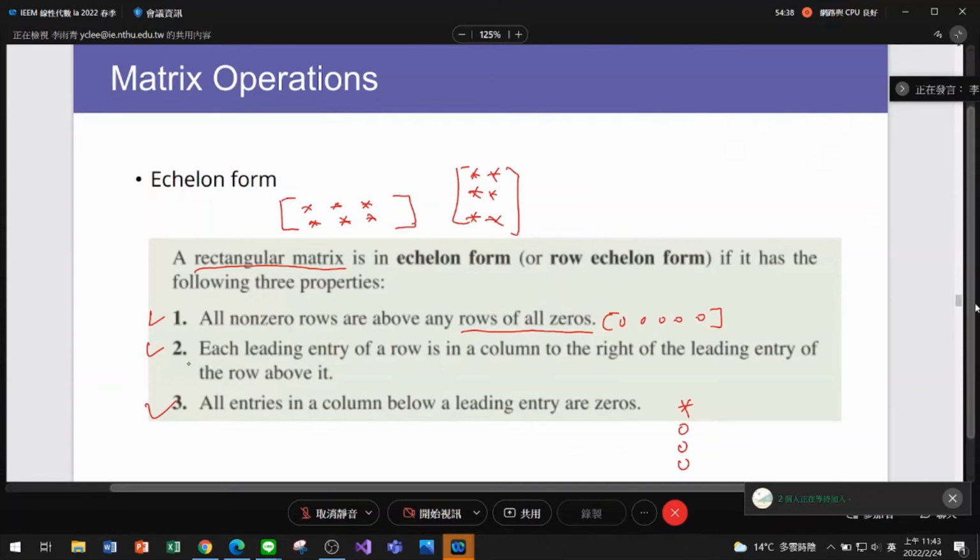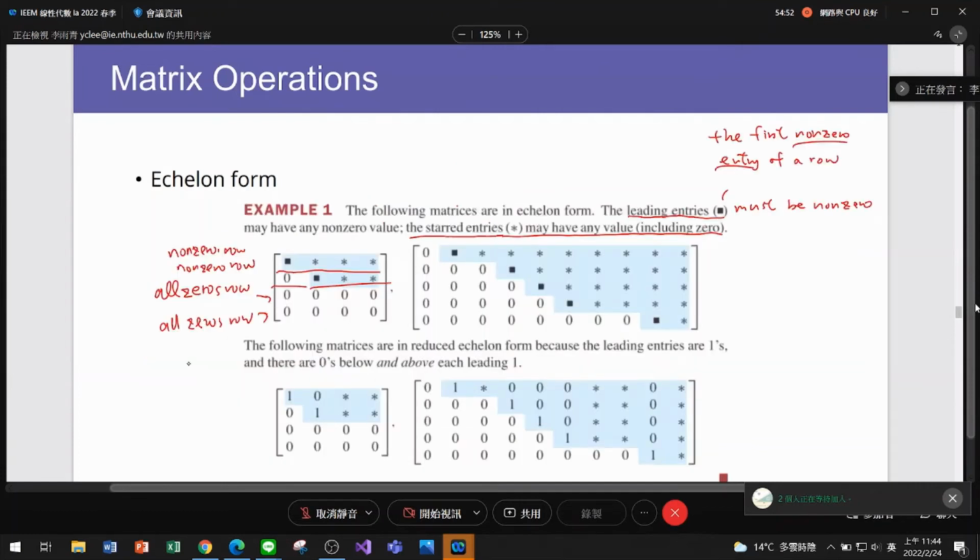Okay, so it means that 每一个 leading entry 它都一定要是在它的上一个 row 的 leading entry 的右边的 column. Okay, so we are comparing with the column where the previous leading entry is at.